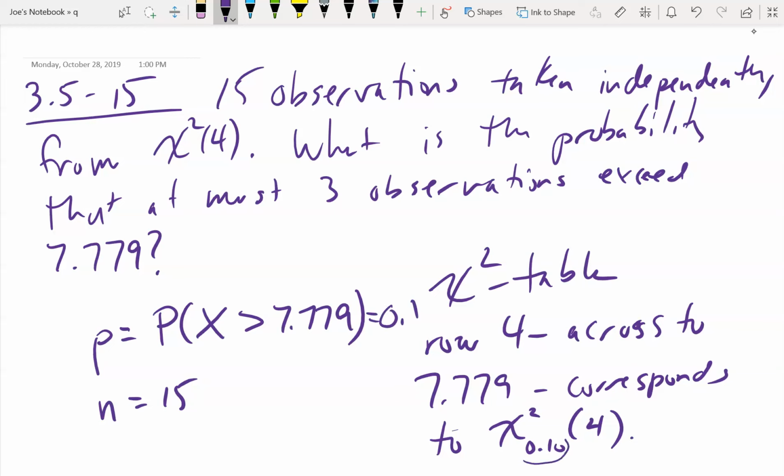The subscript in the table corresponds to that probability. And again, the idea was, if you've got the table, you've got the degrees of freedom going down the left, and the probabilities going across the top.